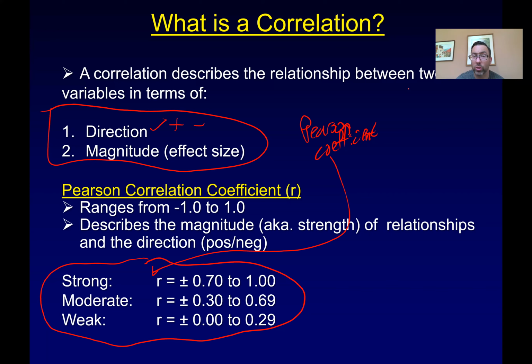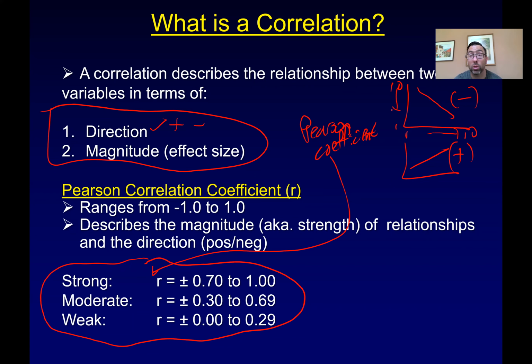All that is going to describe for us is, does the line go down like this, or does the line go up? This would be a negative correlation. This would be a positive correlation. So in a negative correlation, as we go from 1 to 10 here, 1 to 10 there, as we get bigger on the x-axis, we're getting smaller on the y-axis.